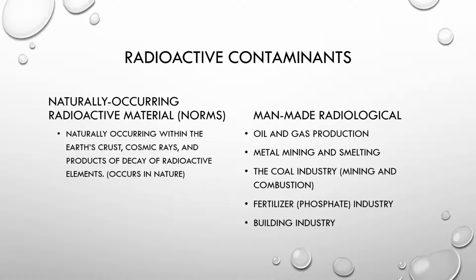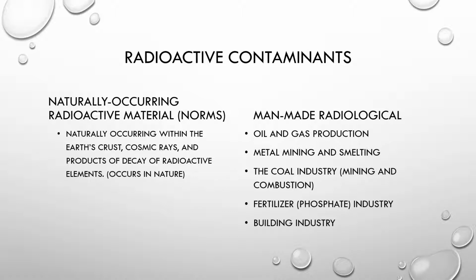So let's talk about the two forms of radionuclides. One is naturally occurring radioactive materials, which means they occur naturally within the Earth's crust. It's from our atmosphere, from cosmic rays, or from the decaying of radioactive elements in the Earth's crust, and this gives a small exposure in our groundwater.